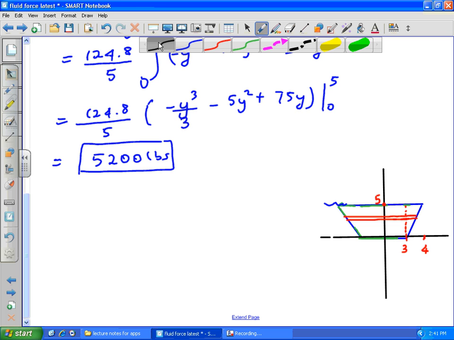Now, I know that distance from here to the end is x. And I also know distance from here to here is 3. So I could actually represent that this little distance here, let me do another triangle so you can see better.